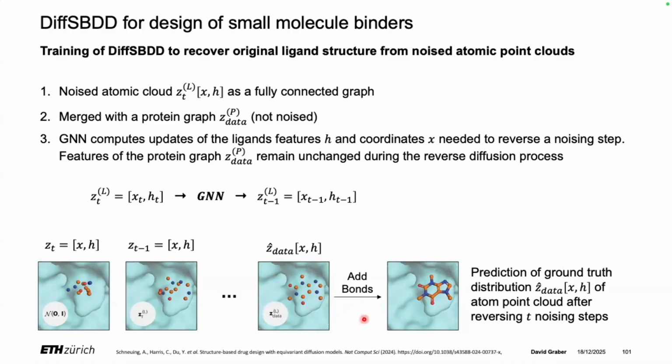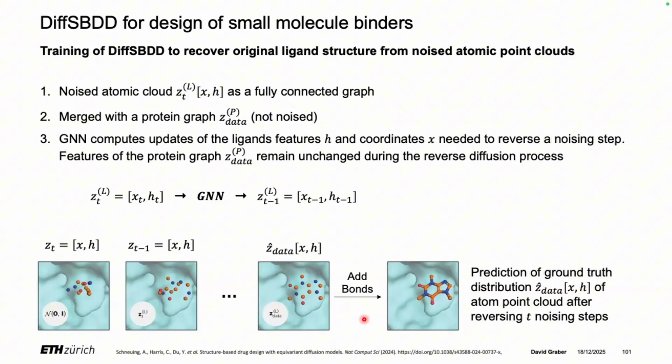And then they just add bonds to this point cloud based on a set of rules that defines how long bonds are between two atoms. So for example, a CC bond has a certain length, and if it's a double bond, then it's a slightly closer, a slightly shorter bond.